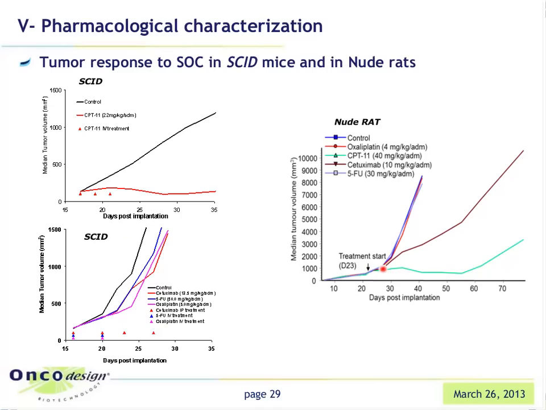Nevertheless, we observe a difference between mouse and rats for the antibody, most likely because the tumor can grow longer, and the treatment probably needs more time to be efficient. By doing so, we can see that cetuximab is more efficient in these models than in the mice.